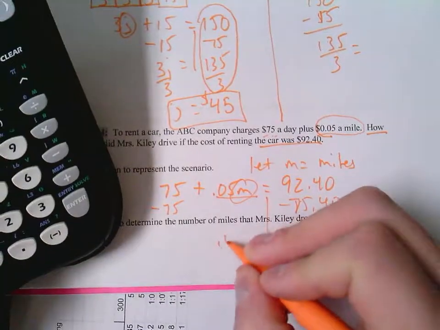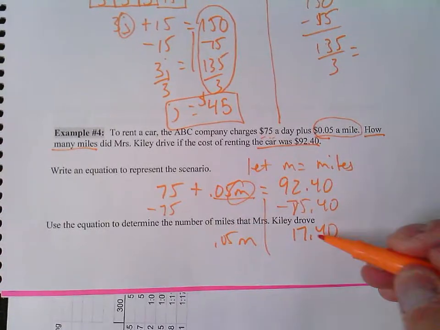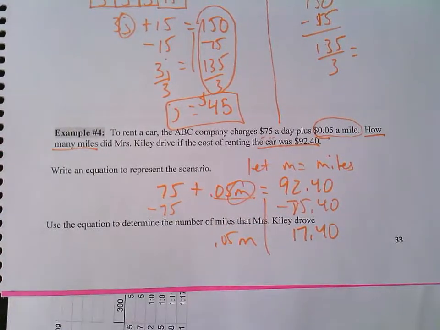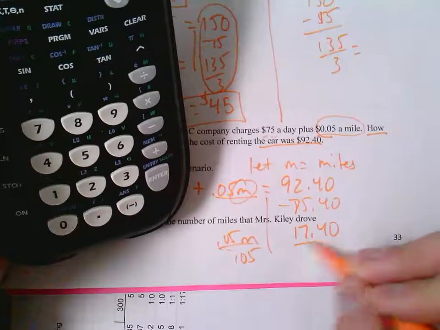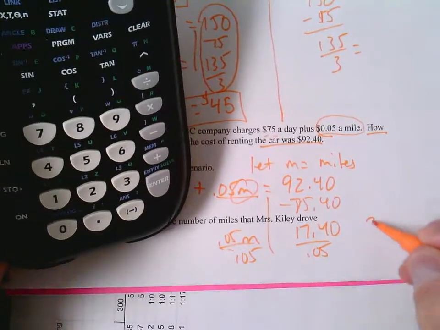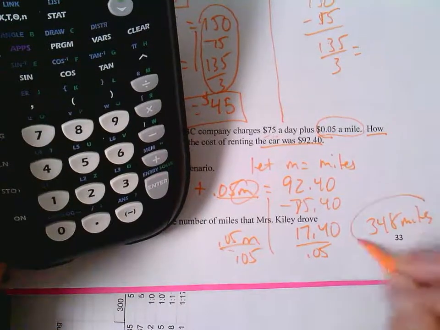And we have 0.05M. So after the $75 comes off the top, it's $17.40. You divide that by 0.05, and we get 348 miles.